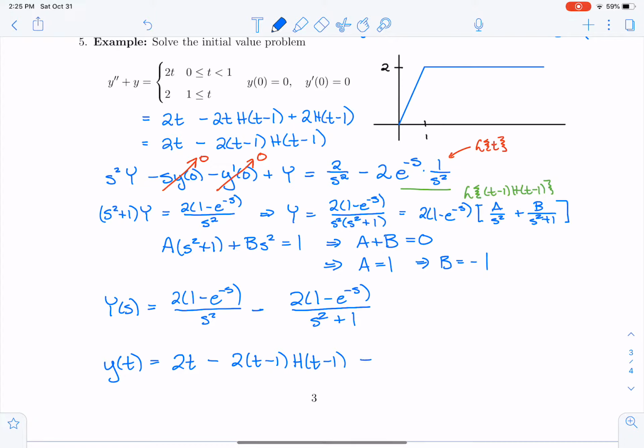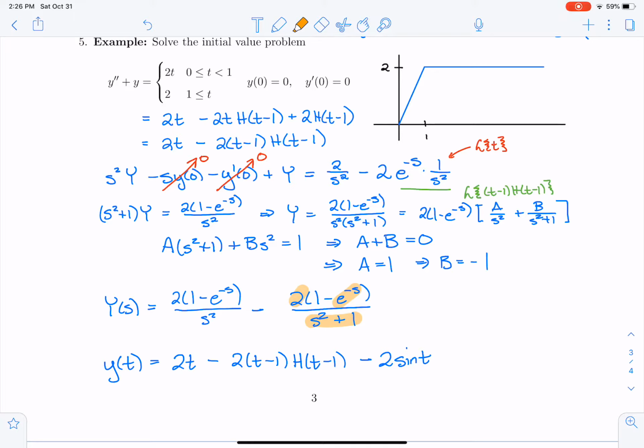Now I'm going to do essentially 2 over s squared plus 1. So that's 2 times 1 over s squared plus 1. Here, that's going to give me minus 2 times the inverse Laplace transform of 1 over s squared plus 1, which is just sine of t. And then just like last time, I'm going to have 2 times the e to the minus s over s squared plus 1.